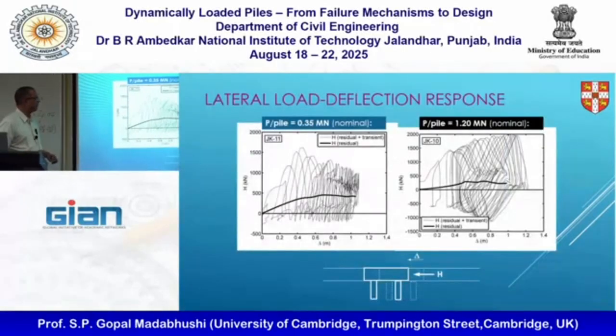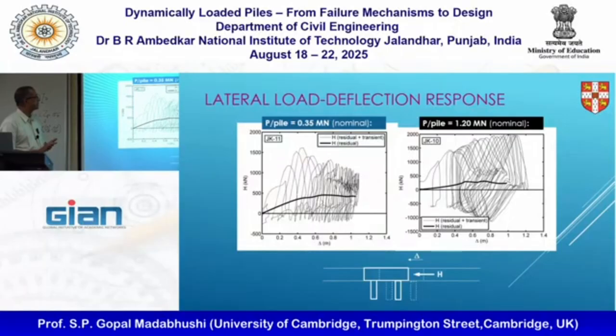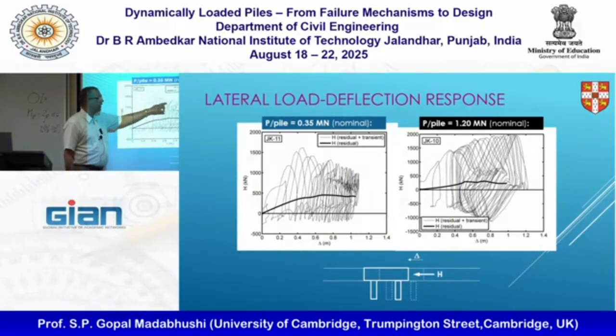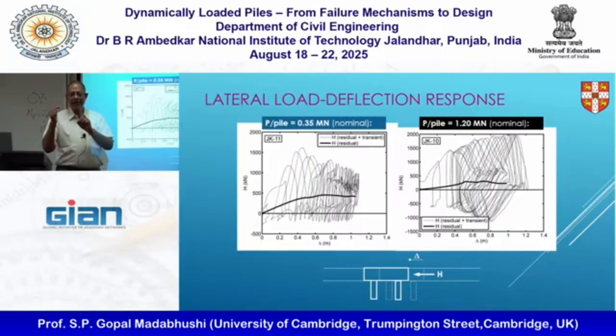And what we are interested in here is the lateral load and deflection response. So this is the lateral load that is being generated, and that is the deflection. All these squiggly lines are the actual measurements, so we are monitoring how much the pile is horizontally deflecting and also what is the load on it.